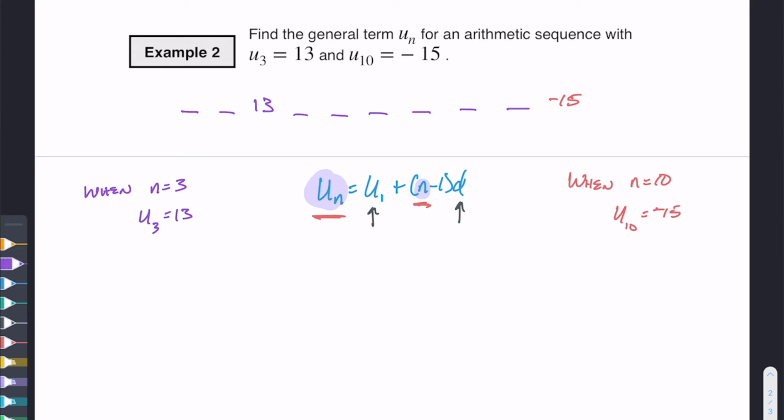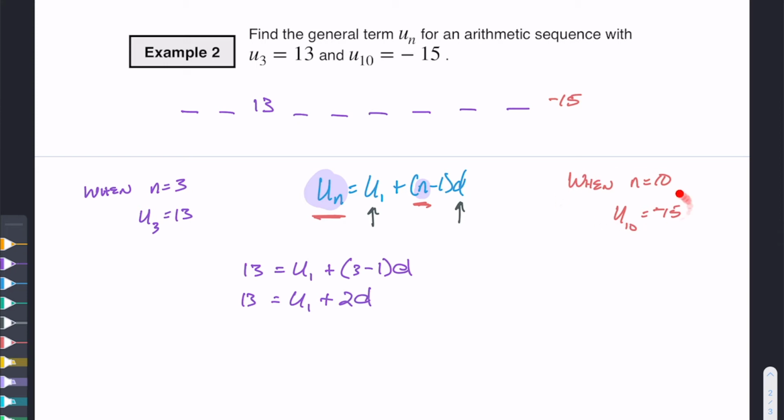So here's where I start. I start by saying, all right, 13 is equal to u of 1 plus 3 minus 1 times d. And that simplifies to u of 1 plus 2d.